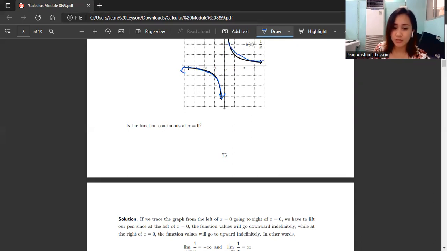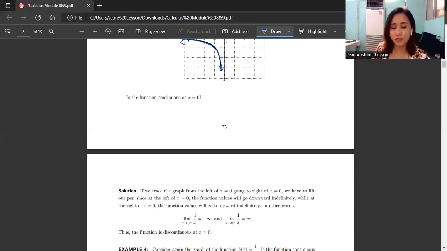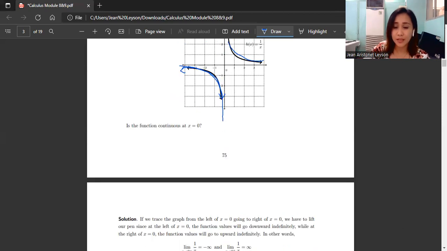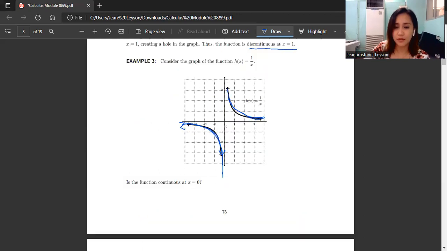In other words, the limit of the function 1 over x as x approaches 0 from the left is negative infinity. Why? Because it's going downward indefinitely. But take note, it will never touch 0. It will just get closer and closer to 0. Same with the graph on top. That's getting closer and closer to 0, but it will never touch 0.